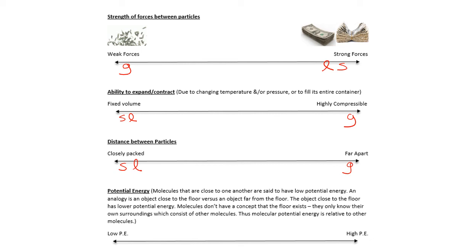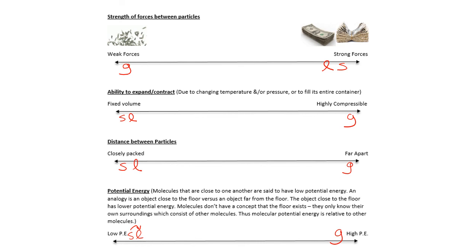Potential energy is linked with distance between particles. So if particles are closely packed, they have low potential energy. If they're far apart, they have high potential energy. This explains the difference between heat of fusion and heat of vaporization as well. Heat of fusion is about taking your solid and turning it into a liquid. Well, that's not a very big potential energy change, so your heat of fusion is going to be low.